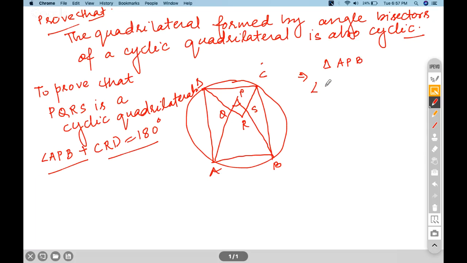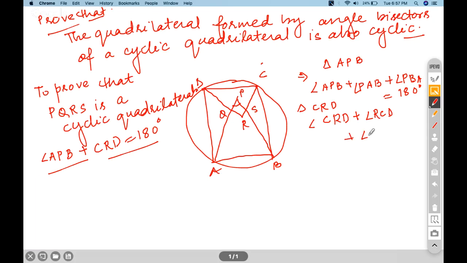In that, angle APB plus angle PAB plus angle PBA is equal to 180 degrees. Also, in triangle CRD, angle CRD plus angle RCD plus angle RDC is equal to 180 degrees. Now, what is angle PAB?